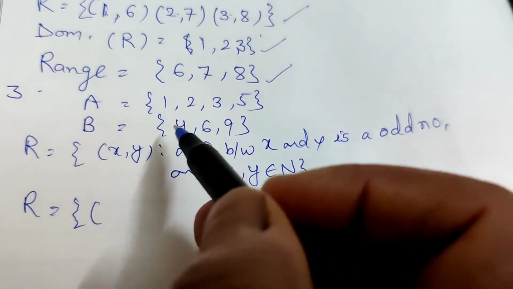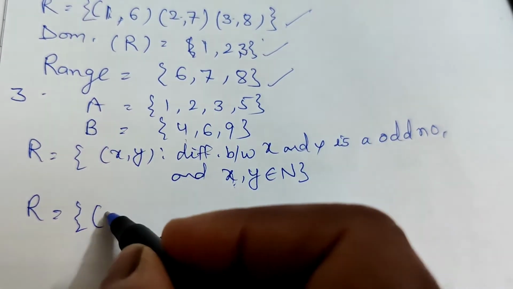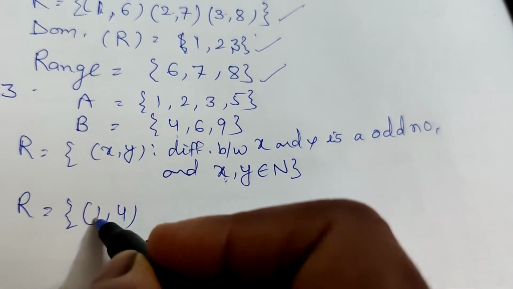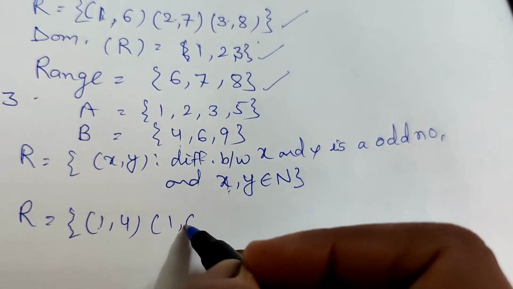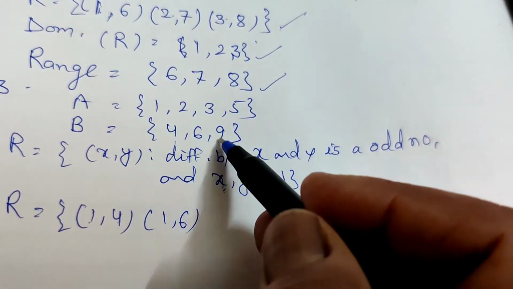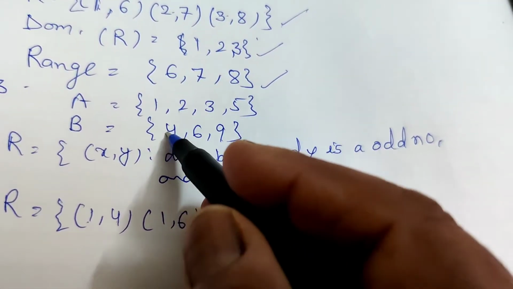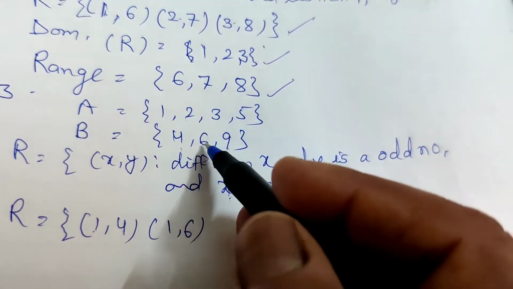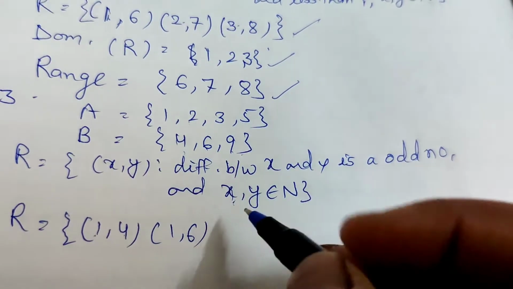The difference of 1, 4 is an odd number, 4 minus 1 is 3. 1, 6 is an odd number. 1, 9 is not an odd number. 2, 4 is not an odd number, 2, 6 no, 2, 9.